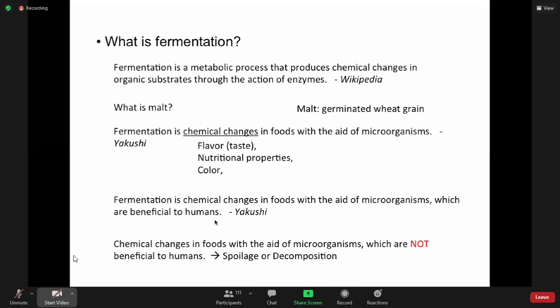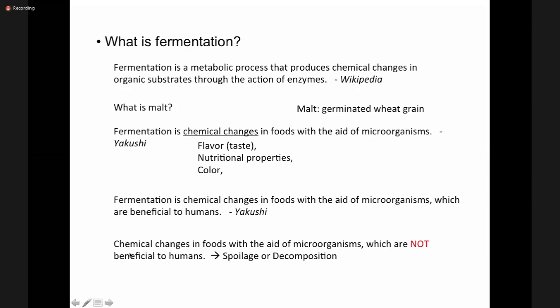Otherwise, it's just spoilage or decomposition, chemical changes in foods with the aid of microorganisms which are not beneficial to humans.